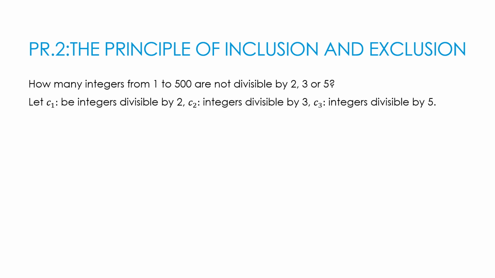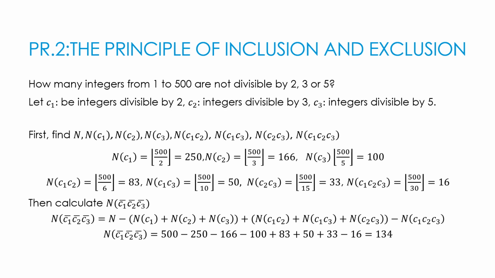So again, C1 is divisible by 2, C2 is divisible by 3, C3 is divisible by 5. So all I have to do is compute each of those numbers. So here are my elements that are in just one, C1, C2, and C3, by using that floor function again. C1, C2 would be 2 times 3, or 6. C1, C3 would be 2 times 5, or 10.